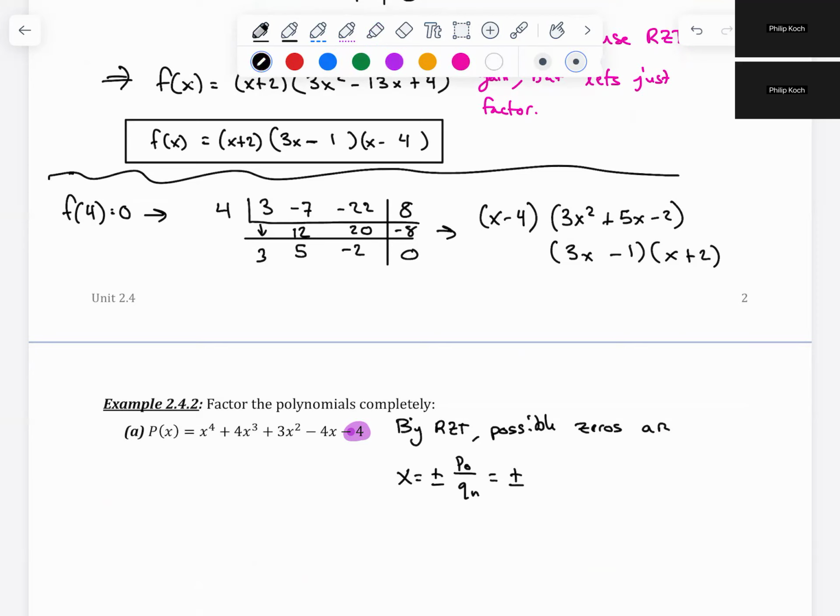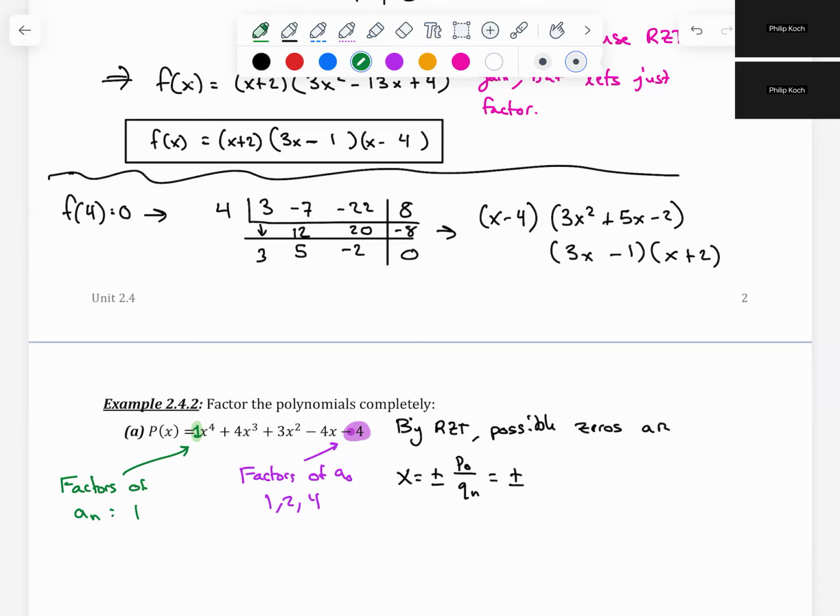So the factors of A sub 0 are 1, 2, and 4. And then there's an implied 1 here. So the factors of A sub n are 1. That's it.